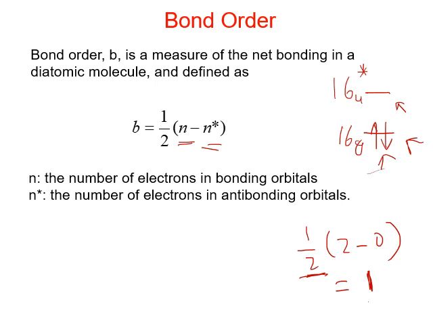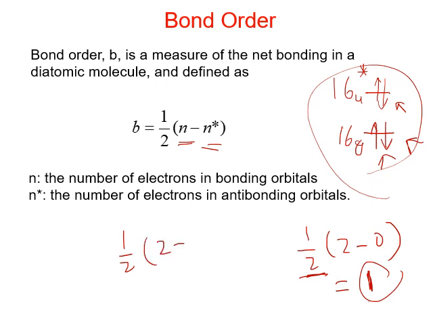So in this molecule, it has 1 bond because of 2 electrons in the bonding molecular orbital. Now, if another 2 electrons occupy the anti-bonding, then you have half of 2 minus 2. So 2 in the bonding, 2 in the anti-bonding, and then divide by 2, that gives you 0.